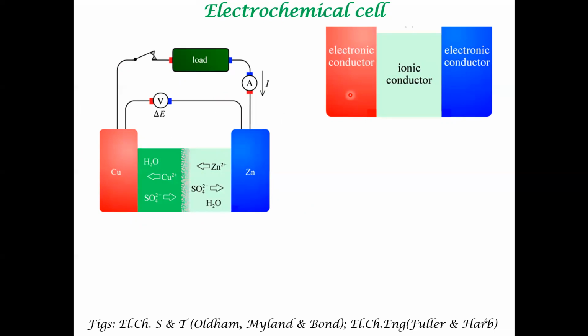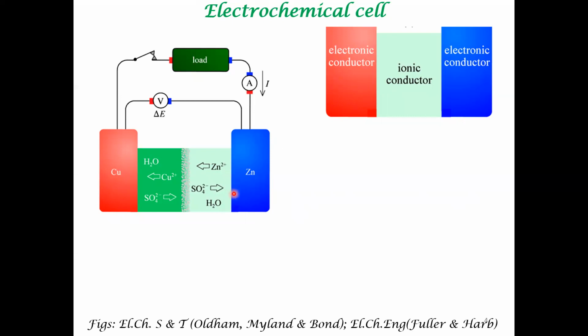There is a small ambiguity in the word electrode. Most of the time we would be referring to the electronic conductor as the electrode. However, because interfaces play such an important role in electrochemistry, when we talk about the electronic conductor, we cannot really isolate what is happening at the interface.